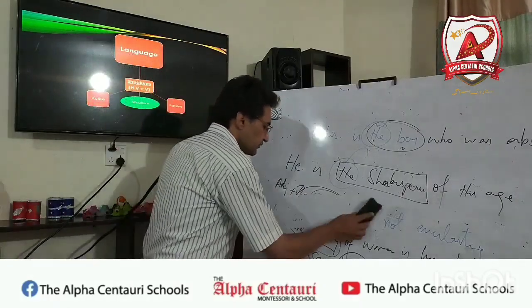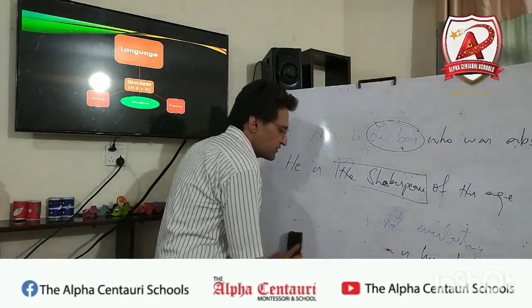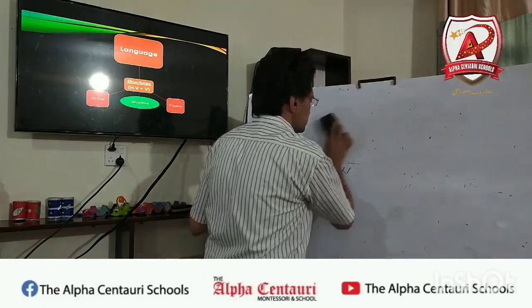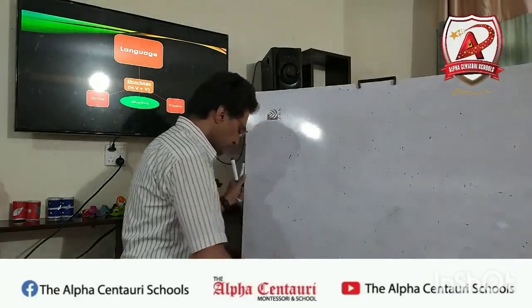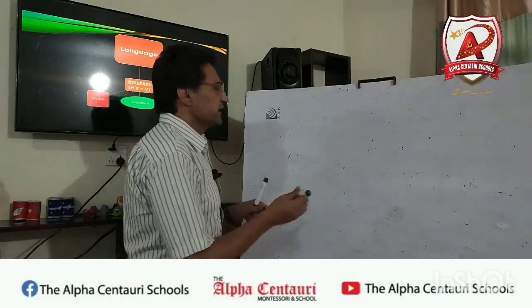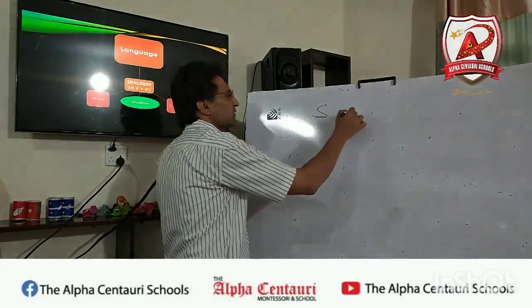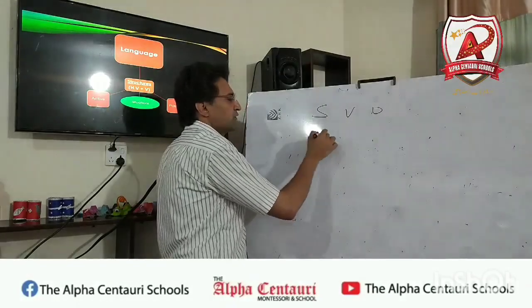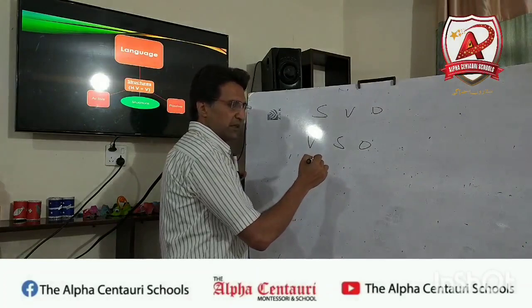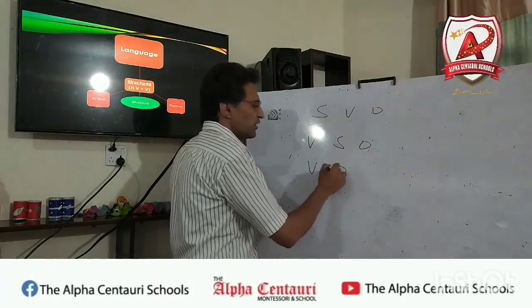whenever we talk about any language, every language is based upon a certain structure. That structure usually we talk about as subject, verb, object, or verb, subject, object, or sometimes verb, object.